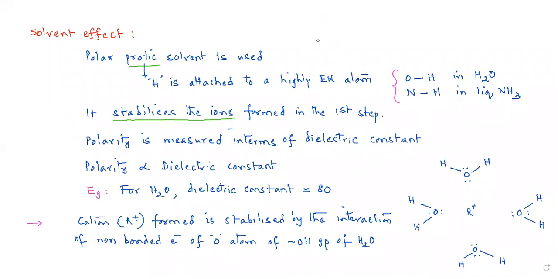Now here, these are the interactions between the carbocation and the non-bonded electrons of oxygen. So this is how the carbocation is stabilized.